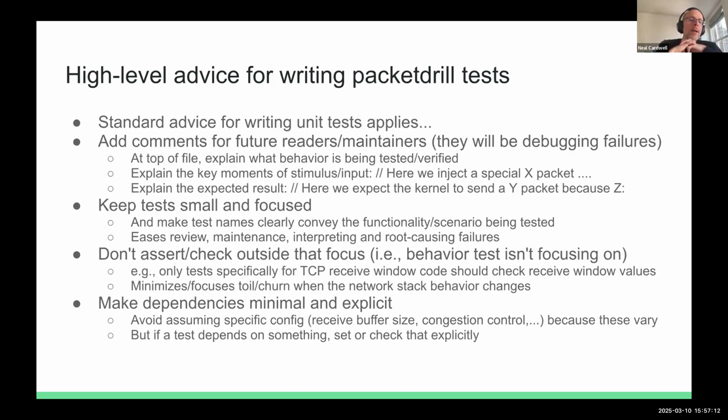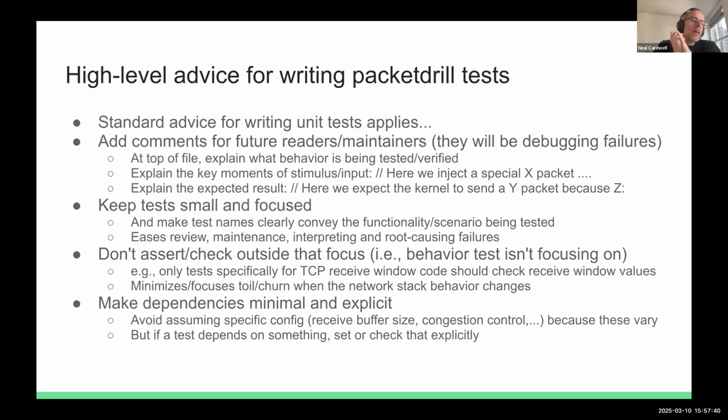That can really minimize the amount of toil or churn required when network stack behavior changes. For example, if you change the way that you translate the amount of receive buffer into the amount of receive window, you don't want to go through all 1,000 tests. You want to just go through the 10 or 15 tests that are specifically targeting the verification of receive window behavior and change those.